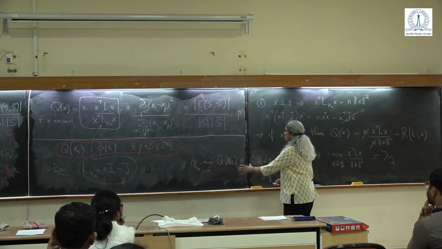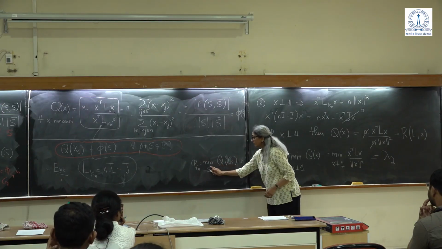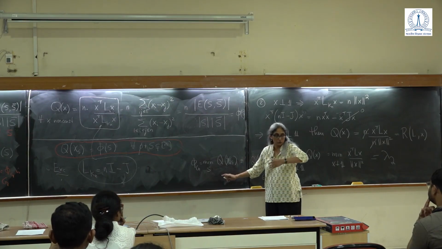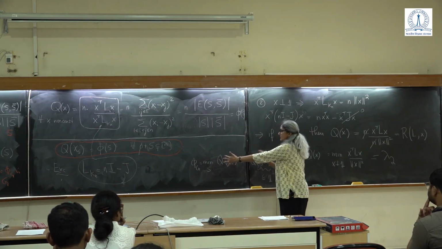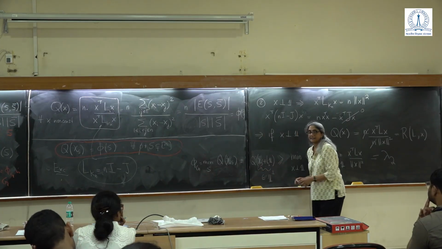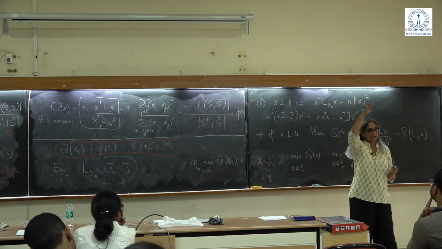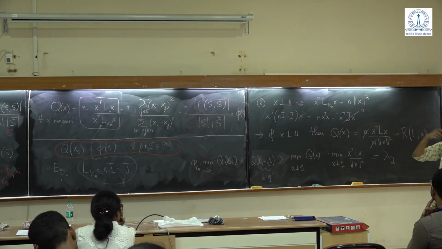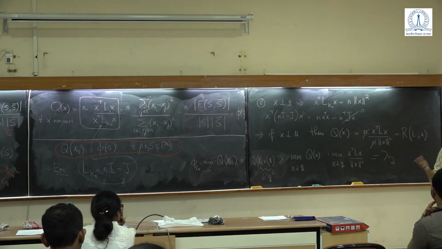So now we want to expand the domain. Instead of looking at just this small collection of 2 to the n minus 2 vectors, I'm going to expand its domain. I take one of these chi-s's and I can add any multiple of the all-ones vector to it, plus or minus.